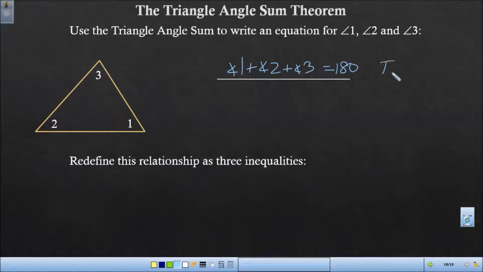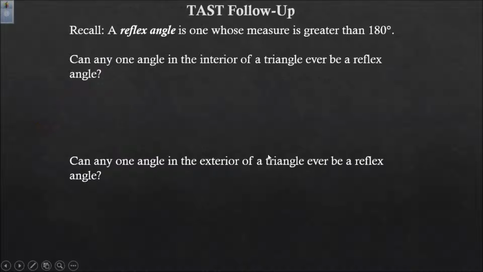Now, from this, we know that 180 is greater than angle 1, that 180 is greater than angle 2, and that 180 is greater than angle 3. This effectively means that 1, 2, and 3 cannot be straight angles, and they cannot be greater than straight angles. Which leads us to this question.